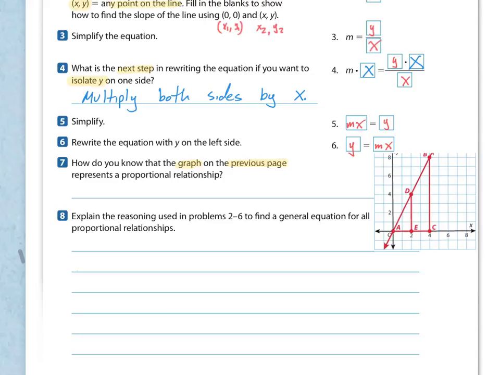So we write, it is proportional because it goes through the origin. And it has a constant unit rate.